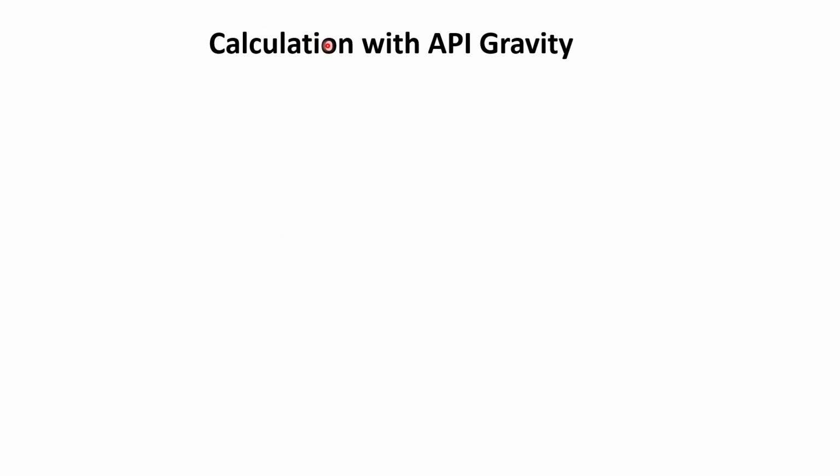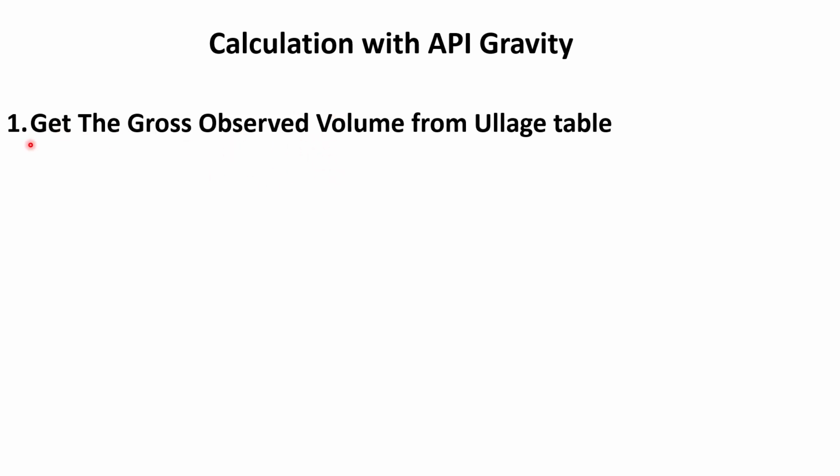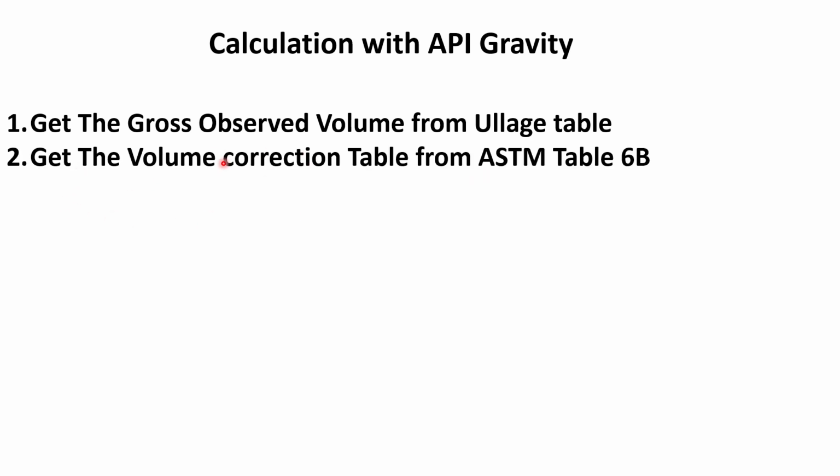Like the other type, here also you follow a pro forma. What is the pro forma we use? We get the gross observed volume from the ullage table. It is very easy. We take the ullage and get the volume from the ullage table, then get the volume correction factor from ASTM table 6B.